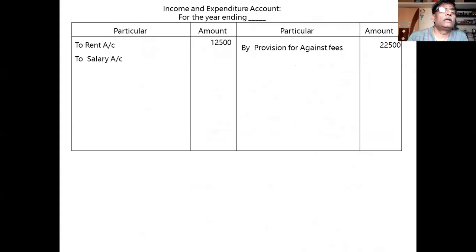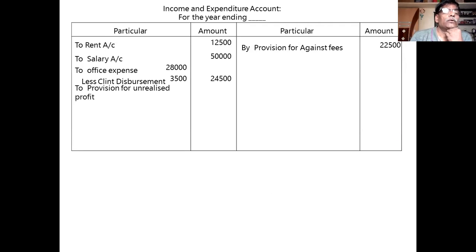Rent 12,500, salary 50,000, office expense, you take inner column and less client disbursement 3,500, already explained. Balance is 24,500. Okay. Then provision for unrealized profit you have to take, that is client disbursement 41,000, work in progress 7,500. These two you take, total is 48,500.